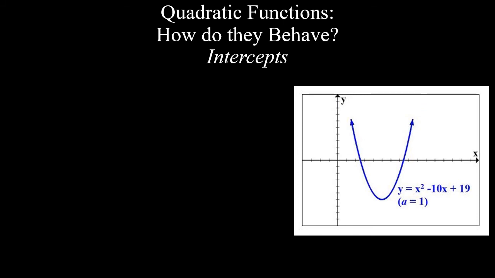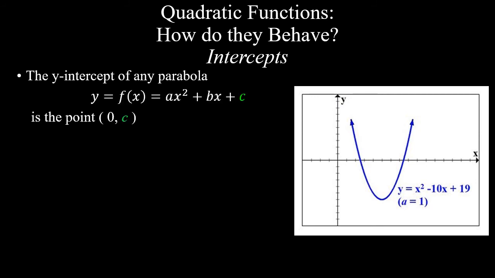And then, of course, we know that intercepts are incredibly important. So we also need to take a minute and talk about intercepts in terms of quadratic functions. The y-intercept of any parabola is the point 0, c. Whatever your c coefficient, your c constant is, that is the y value of the y-intercept for your parabola.